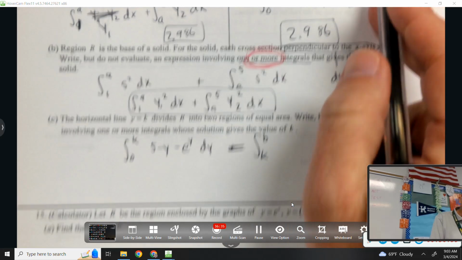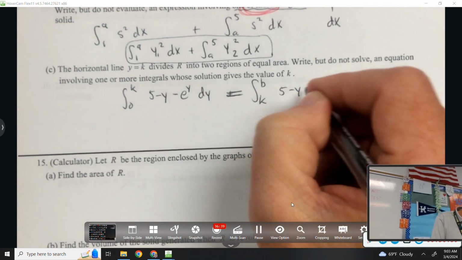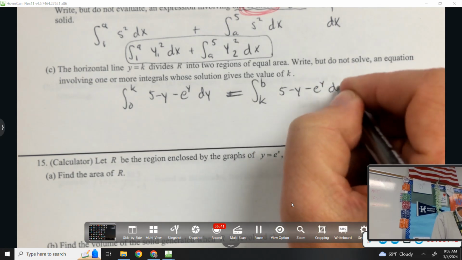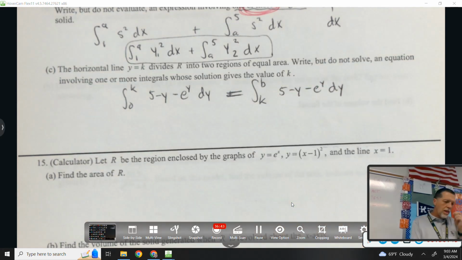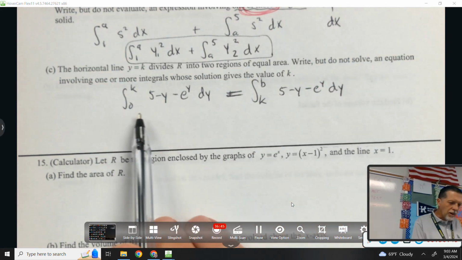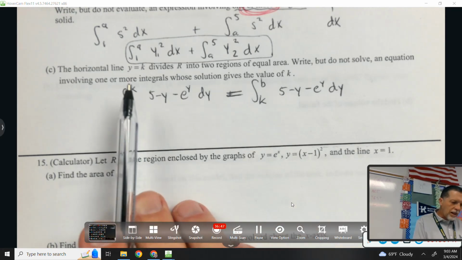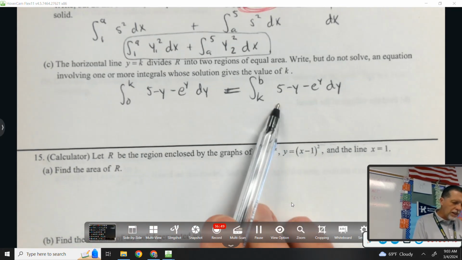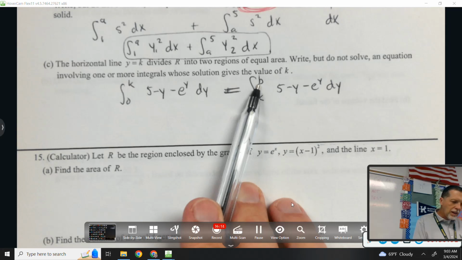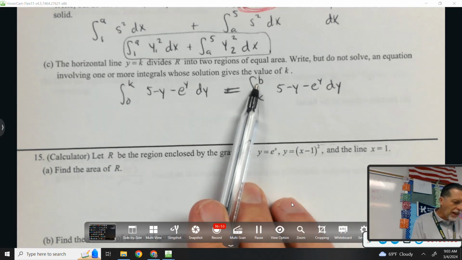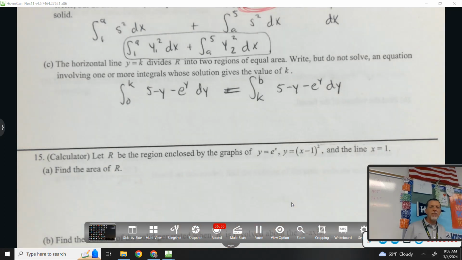And on the top section, it's still the same right minus left. 5 minus y minus e to the y. I got a lot of numbers in there, but k is what we're solving for, so I don't need k. B, I told them what b is. I found that. So that's all I need to write for that one.